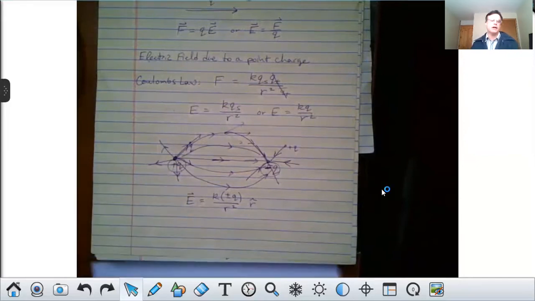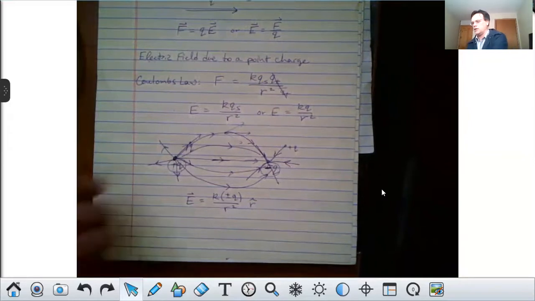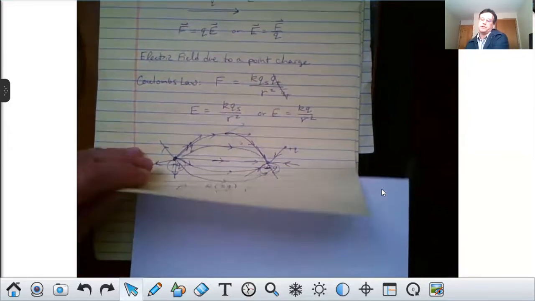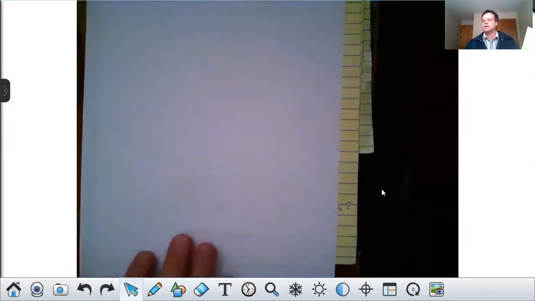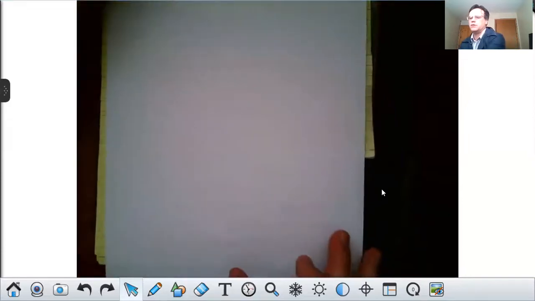So we can have, again, a lot of charges when we set up our distribution of electric source charge. Let's look at a couple of situations here. One situation we'll deal with in the future is called a capacitor.